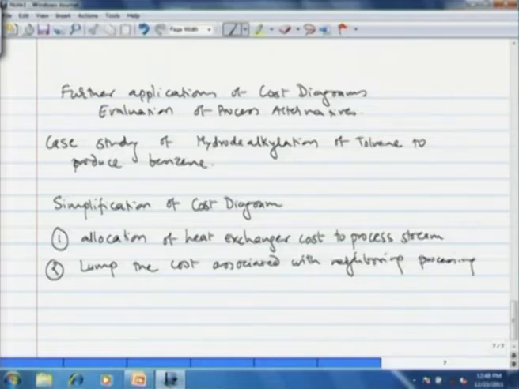For example, in case of a distillation column, we will add the annualized capital cost of the column, the annualized capital cost of both auxiliaries, reboiler and condenser, as well as the operating cost of the utilities for these auxiliaries, and lump that cost in a single figure.